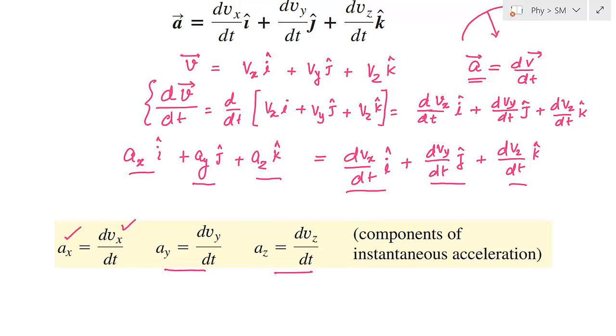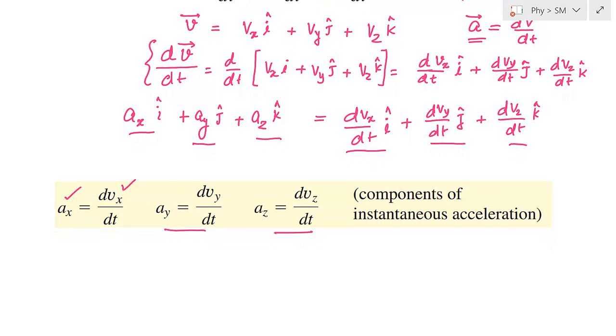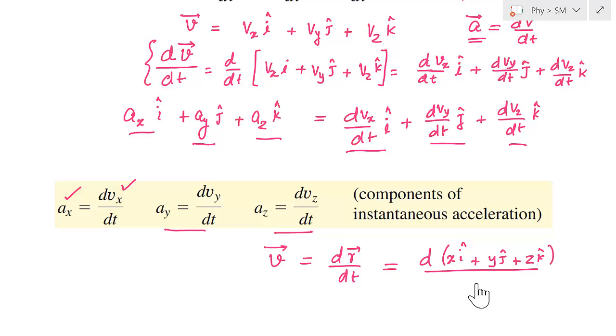Acceleration is also related to displacement, or you can say position vector. So if you remember velocity, this is nothing but differentiation of position vector, and this is instantaneous velocity, and r is nothing but x i cap plus y j cap plus z k cap, divided by dt.